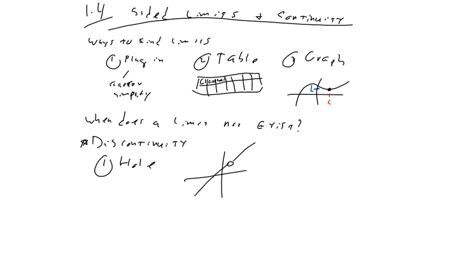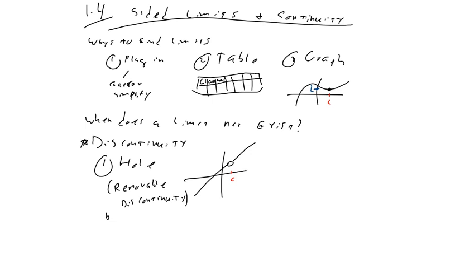Right, this value here, here's my value of C. So one type of discontinuity is a hole. Another word for a hole, we call this a removable discontinuity.